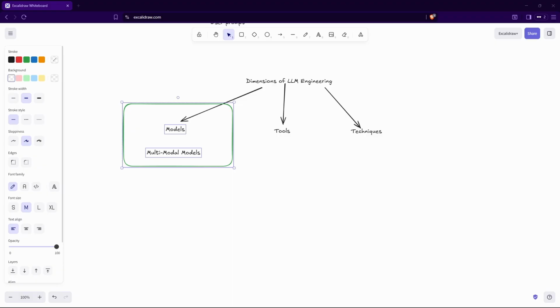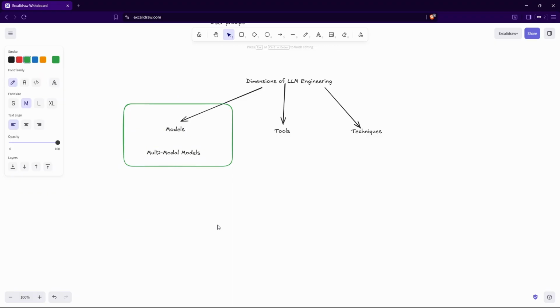We spoke about what is inside a model. If you choose a model, let's say Y model, doesn't matter, a generic model, technically models come in three flavors.